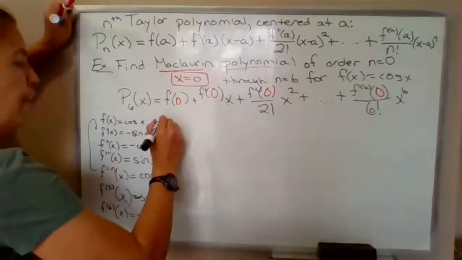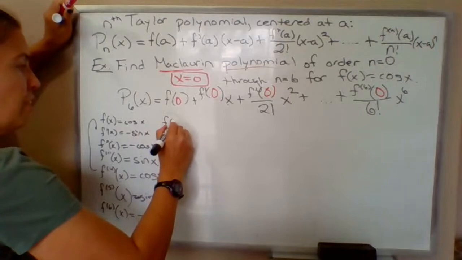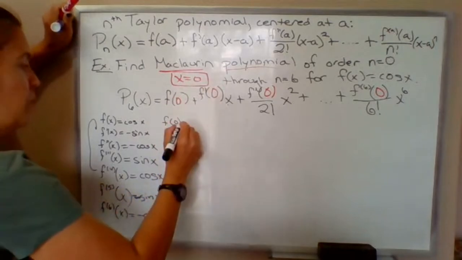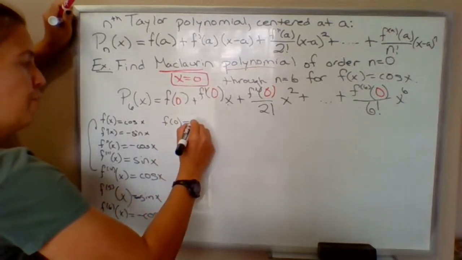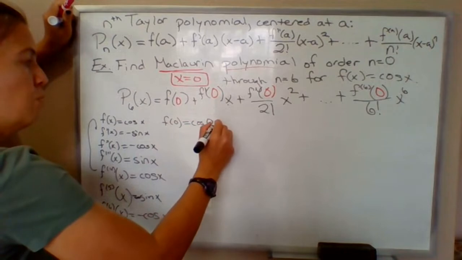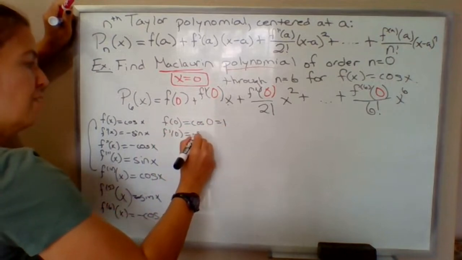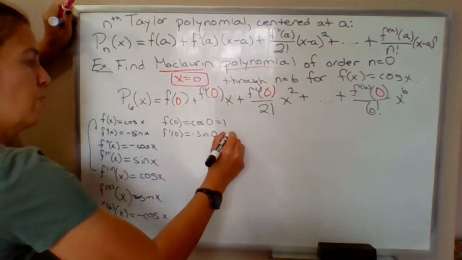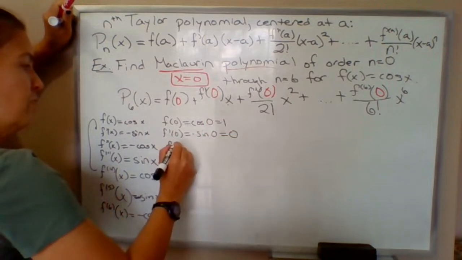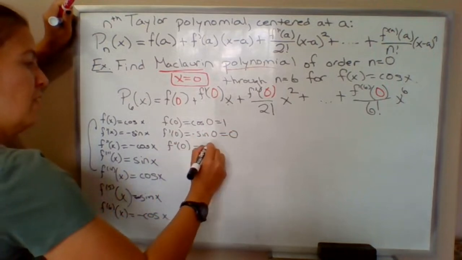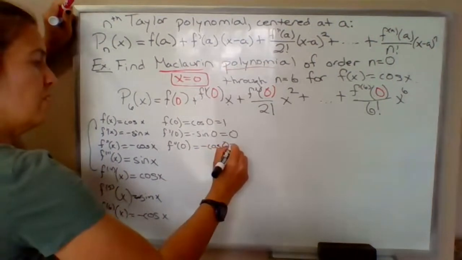Okay, now evaluate each of those functions at the center, which for a Maclaurin polynomial is 0. So f of 0 would be cosine of 0, which is 1. F prime of 0 would be negative sine of 0, which is 0. Okay, and so on. Second derivative, negative cosine of 0 is -1.